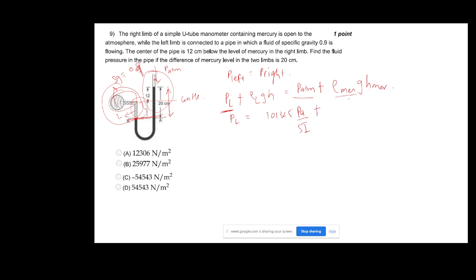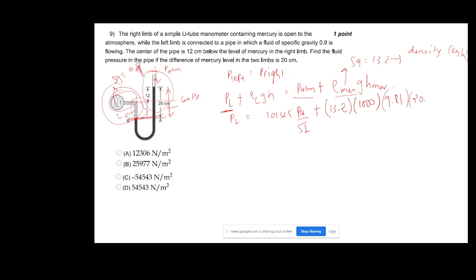So here rho of mercury is 13.6. Mercury has specific gravity equal to 13.6. Now if I want to convert it into density in kg per meter cube, I will multiply it with 1000, because that is the density of water at normal temperature, into g, which is 9.81, into height of mercury here, which is 20 centimeter.